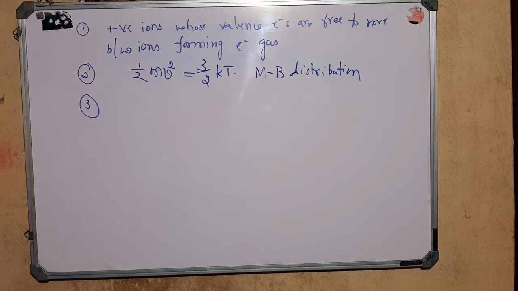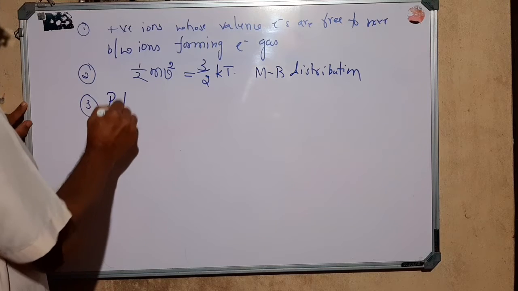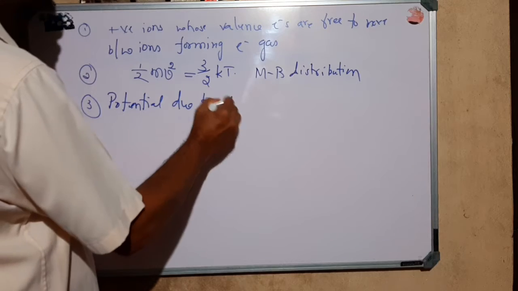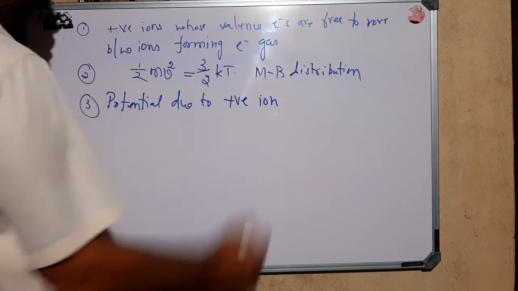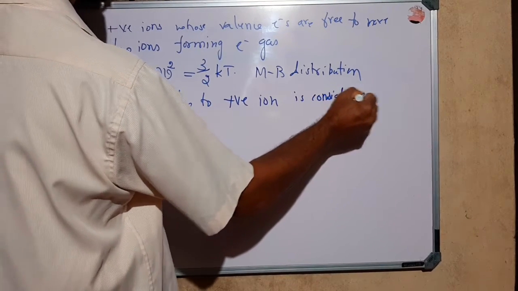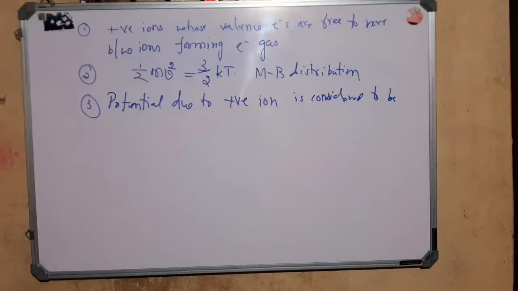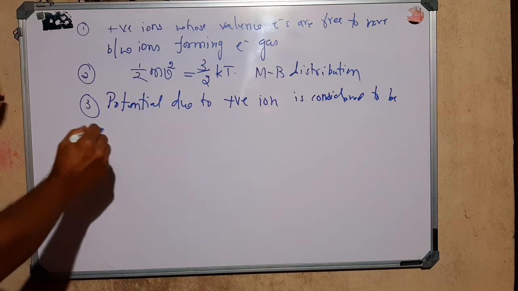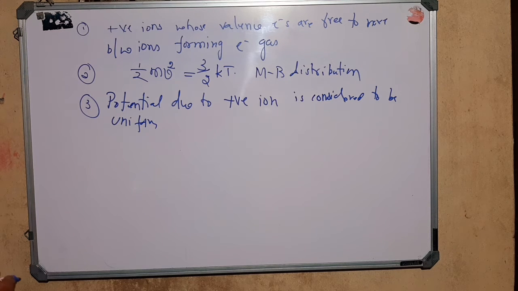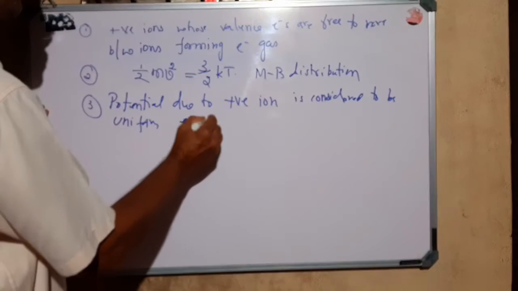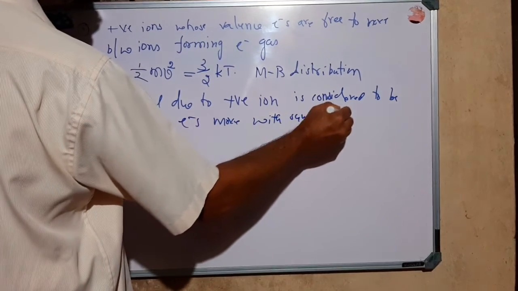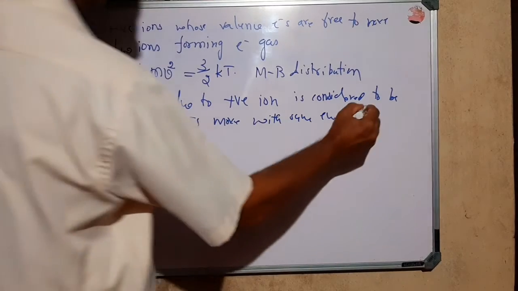Third one, the potential due to positive ion is considered to be uniform, and hence electrons move with the same energy throughout the crystal metal.